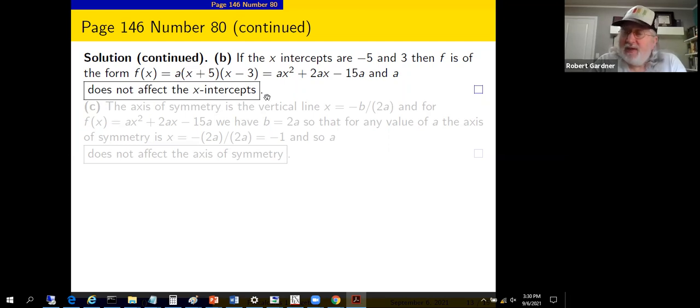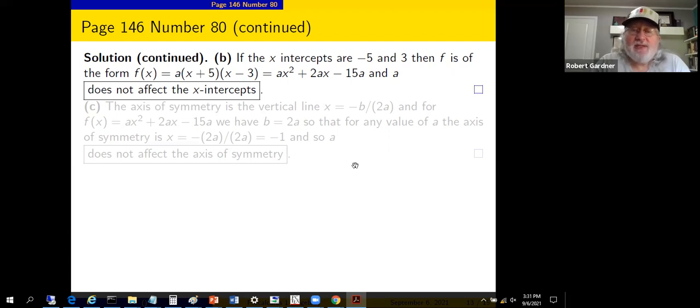A has no effect on the x-intercepts. You set this equal to 0, factor it and produce this. We could divide the a out, since it's non-zero. That's part of the story. And then we'd see that either x plus 5 is 0 or x minus 3 is 0. And so those are the intercepts. The x-intercepts are unaffected by a.